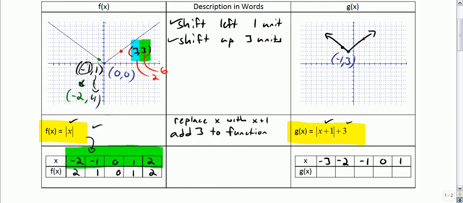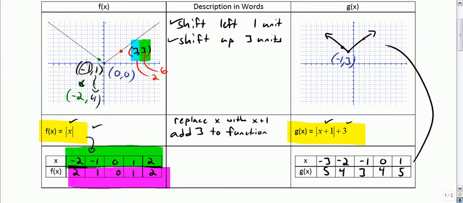Up 3 says that's the y values, and I just need to add 3 to them. So 2 plus 3 is 5, 1 plus 3 is 4, 0 plus 3 is 3, 4, and 5. And you can see from the graph that all of those points are contained on it.